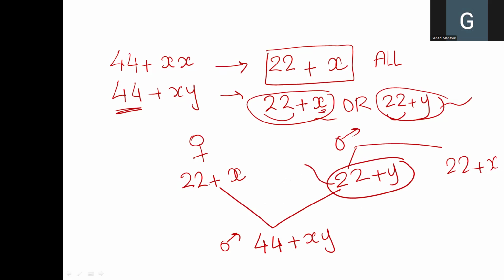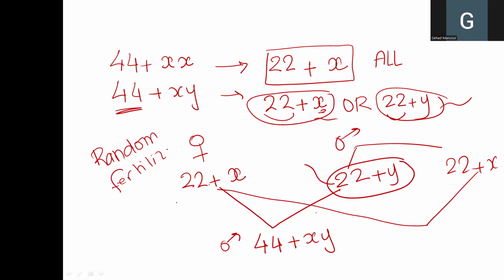We mentioned yesterday in the classroom random fertilization and how it is responsible for variation. So here we're talking about random fertilization: we do not know which of the two genotypes of sperms will fertilize the egg. The egg has a constant genotype. In the second case, we would have 44 plus XX. So the ratio is 1 to 1.